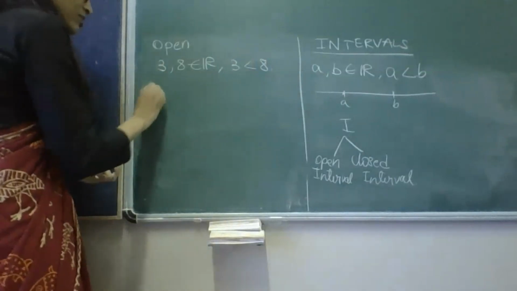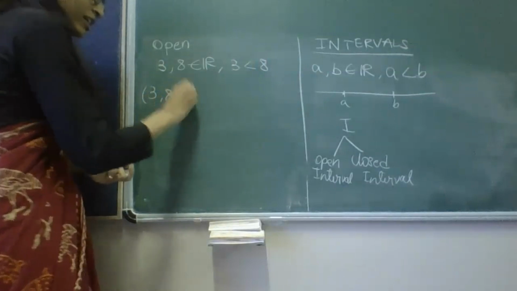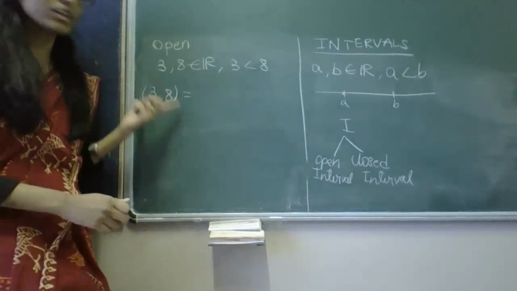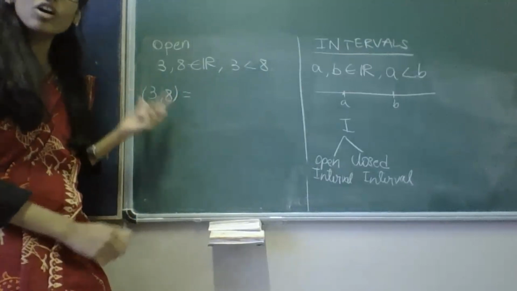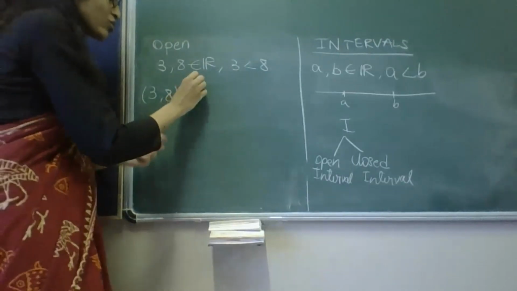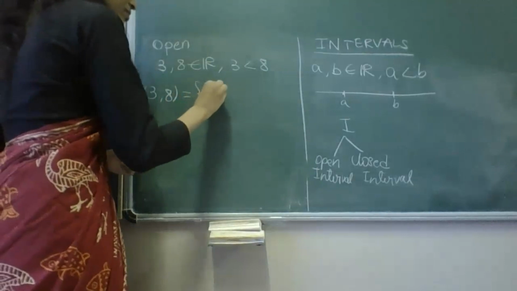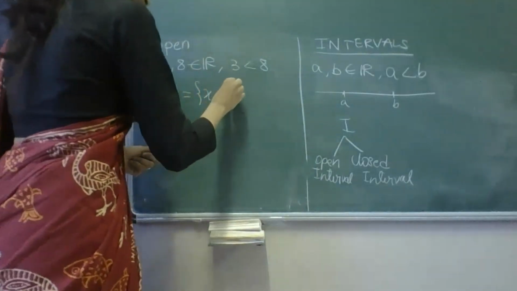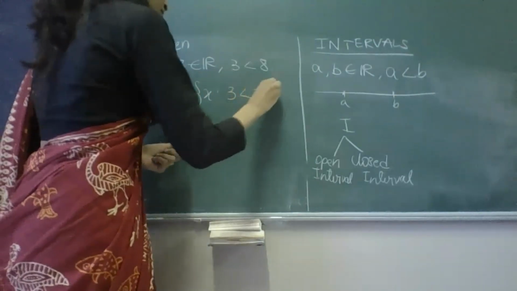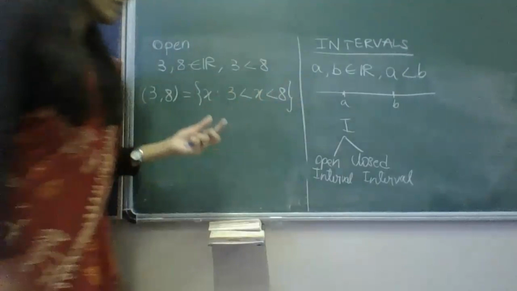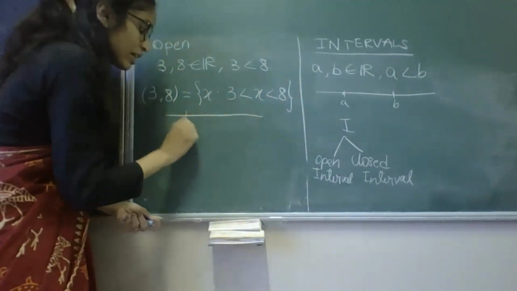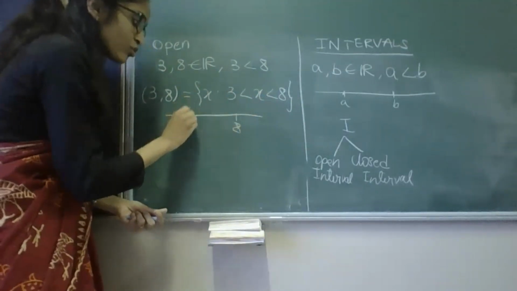Open interval 3, comma 8 contains all those points between 3 and 8, but does not include the endpoints themselves, which can be written in roster form this way.